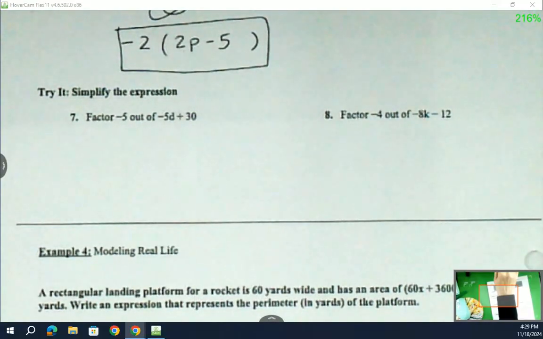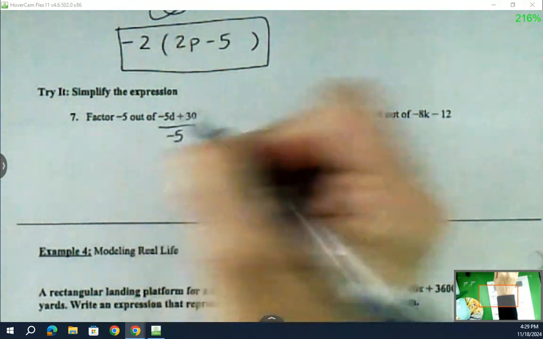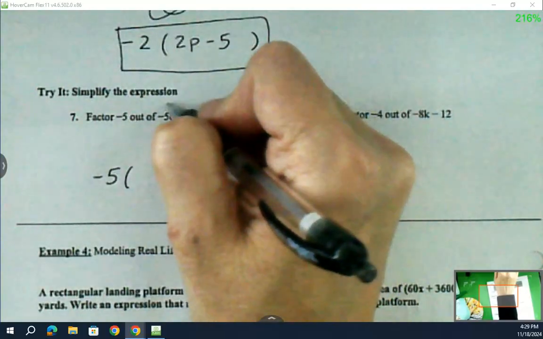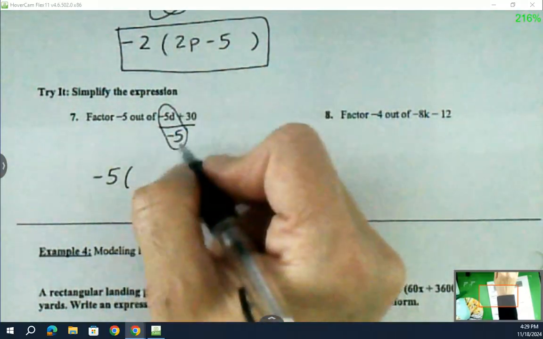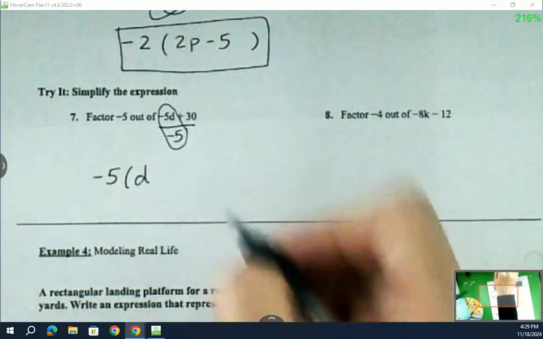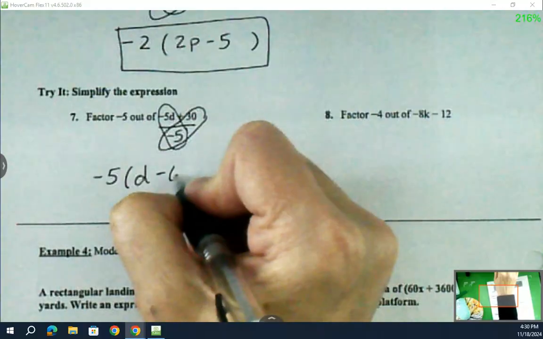Okay, try it. You have a couple examples here, and then come back and check with me. We're factoring out a negative 5 in this one. So pull out your negative 5 in front. Negative 5d divided by negative 5. Well, negative 5 divided by itself is 1. 1d is just d. And then 30 divided by a negative 5 would be negative 6.